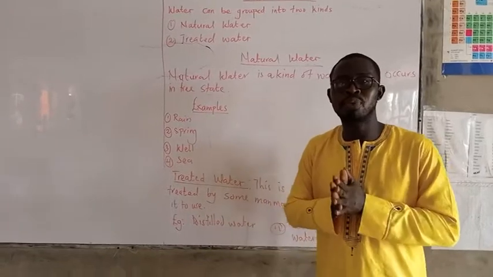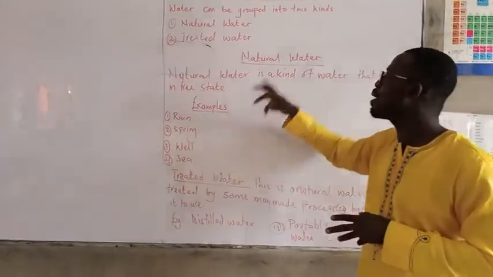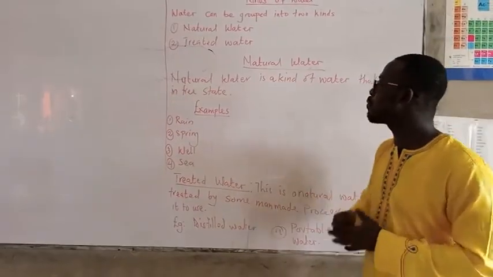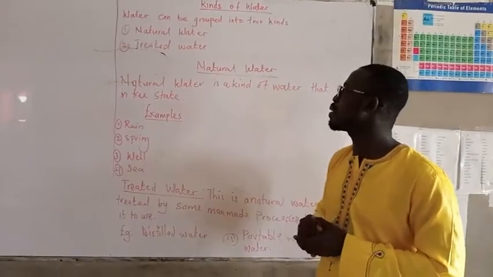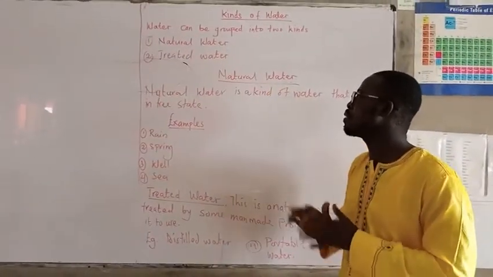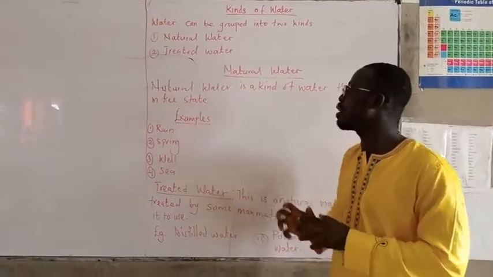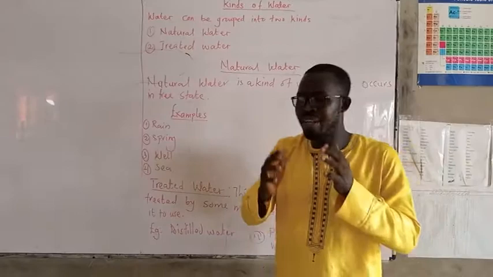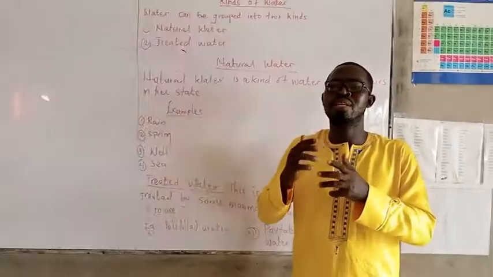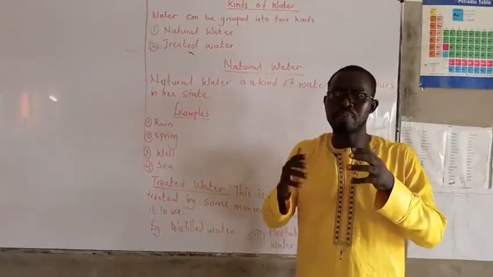It is very important that we also talk about the other kind of water, that is treated water. So the natural water is the water that exists in its free state, and the treated water is water that is natural in its state, but then it is made to go through some chemical processes.